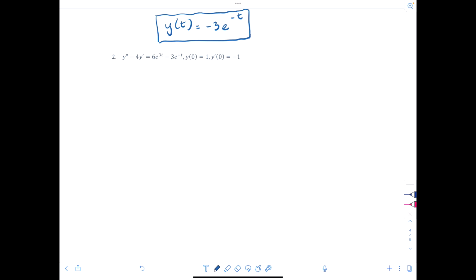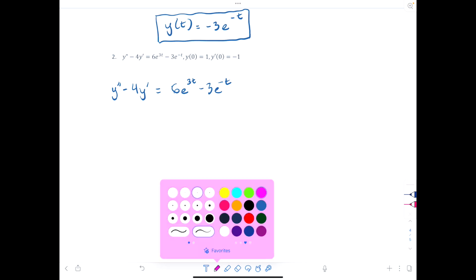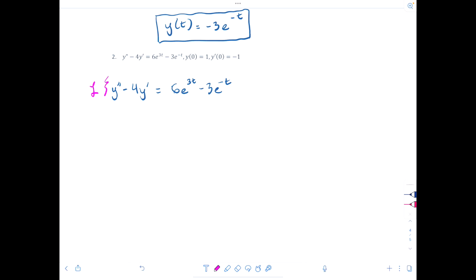But here we go. So we have y double prime minus 4y prime is equal to 6e to the 3t minus 3e to the negative t. And we've been given these initial conditions. So we apply our Laplace transform to each side.